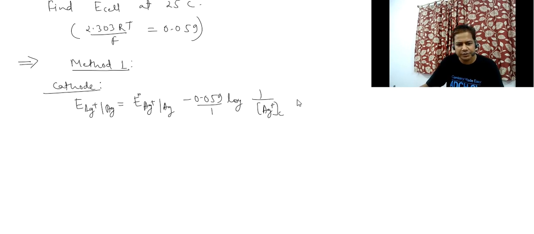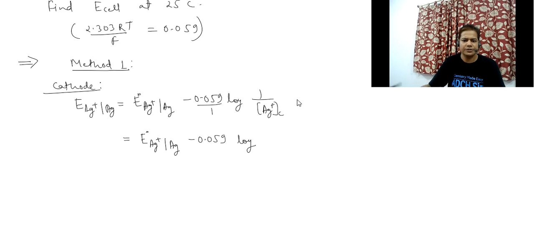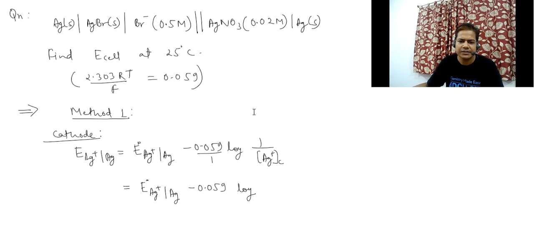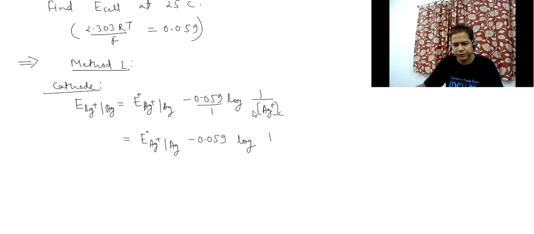So this comes out to be equal to E naught of Ag plus 2Ag minus 0.059 log of 1 upon 0.02. Let us leave this expression as it is.